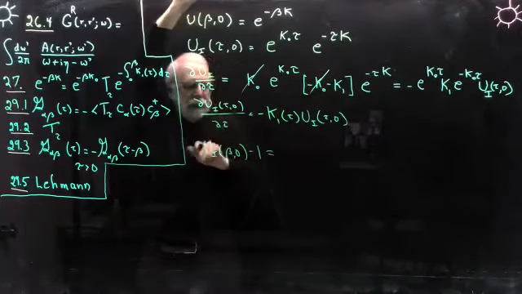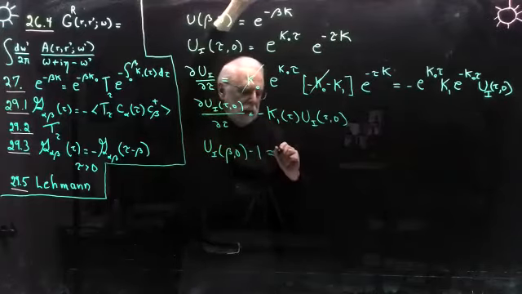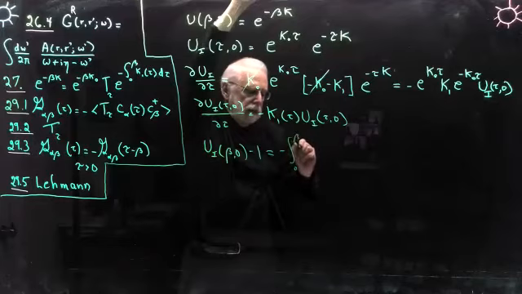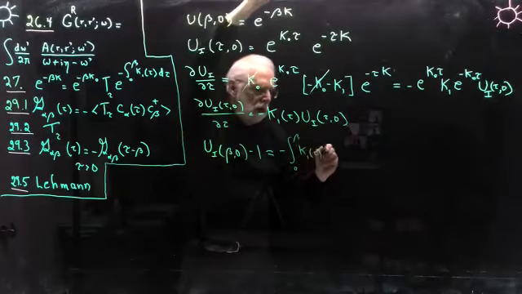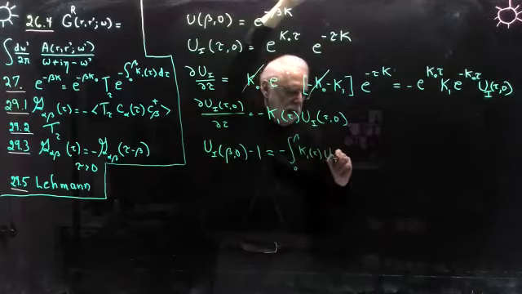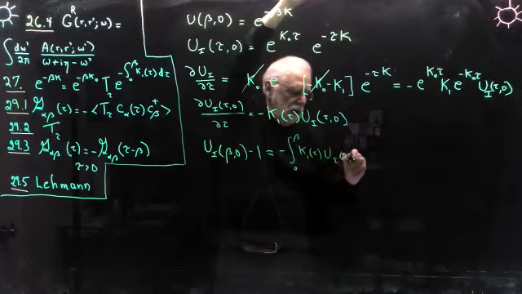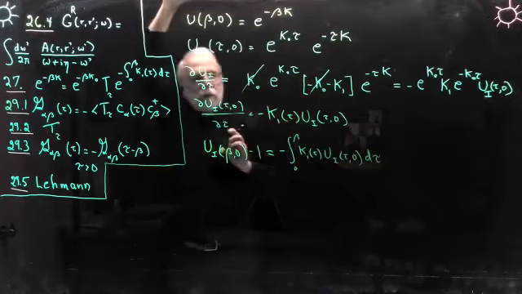So that's the integral from 0 to beta. So here on the right, I have minus the integral from 0 to beta of K1 of tau times UI of tau, d tau. Okay?